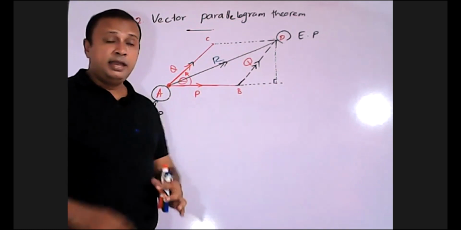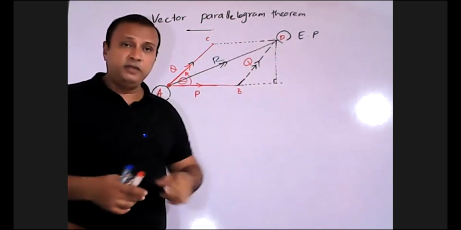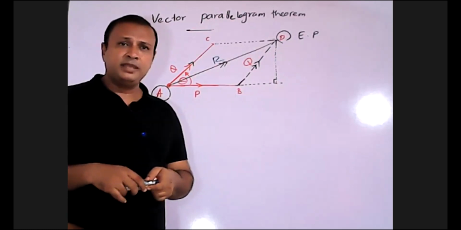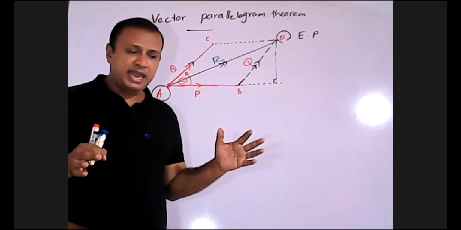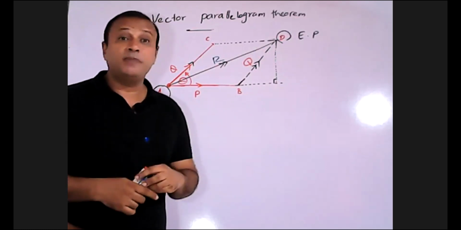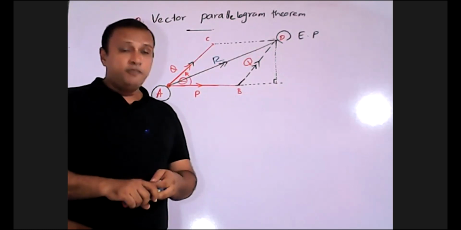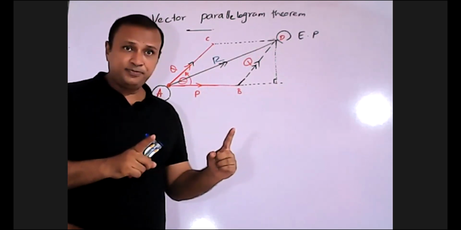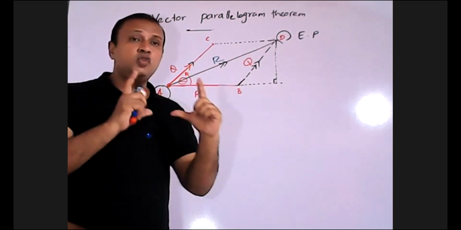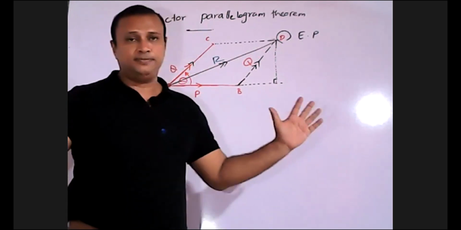In the beginning of the vector lesson, I defined a vector as a physical quantity that has both magnitude and direction. The reason is that these two features are common to any vector.